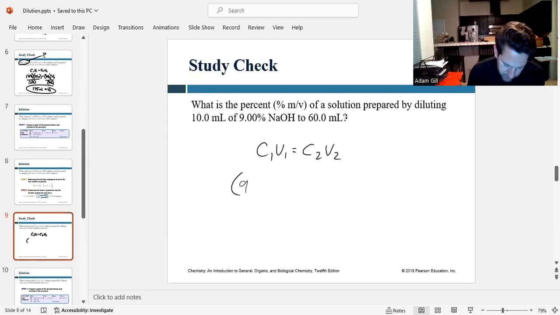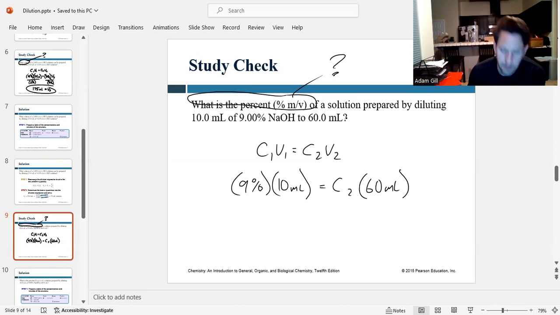So the initial concentration is 9%. The initial volume is 10 milliliters. The final concentration is what we're trying to figure out, so C2. And the final volume is 60 milliliters.